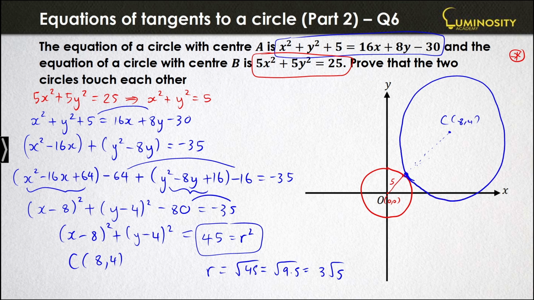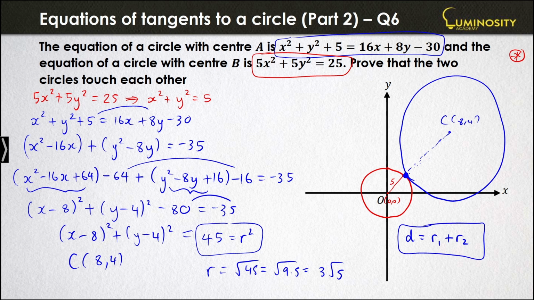How do I know if it actually touches at one point? Well, remember what we said when we looked at the properties of circles. We saw that the distance between the two centers, let's call it D, if that is equal to radius 1 plus radius 2, then we know that the two circles only just touch each other at one point.